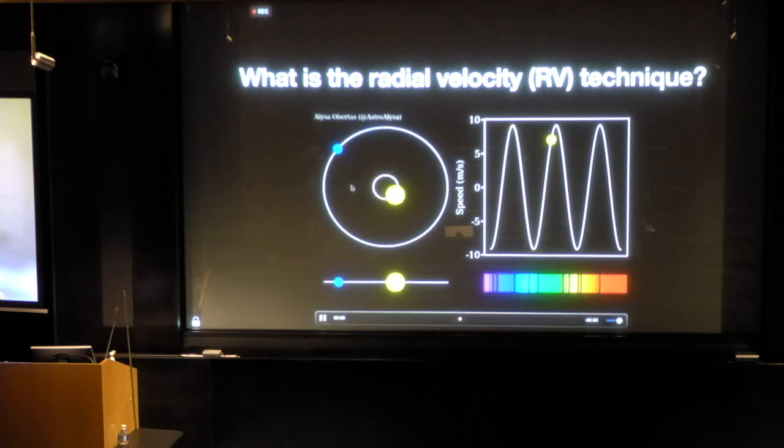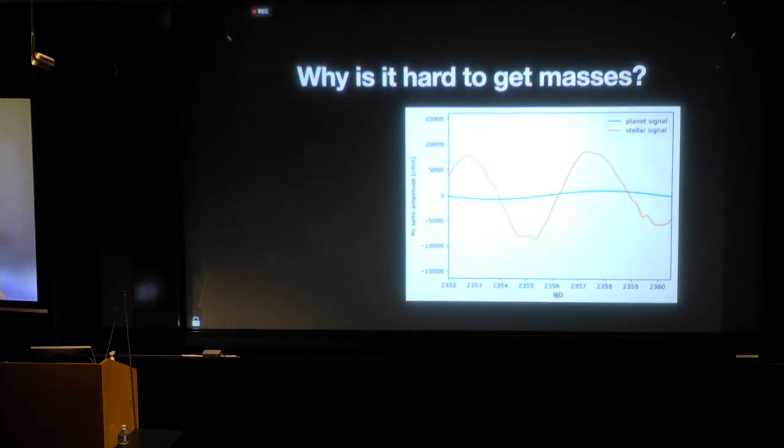So this is hard to disentangle because the star has RVs in its rotation, and the signal that you see in a star is much, much larger than the planet, as this plot shows.